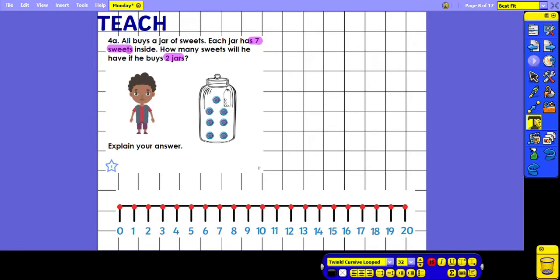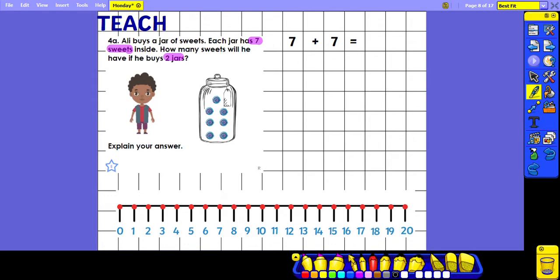So really what we're doing is we're working out what double 7 is, or what 7 add 7 is. Because Ali's buying 2 jars and each one has got 7 sweets inside.